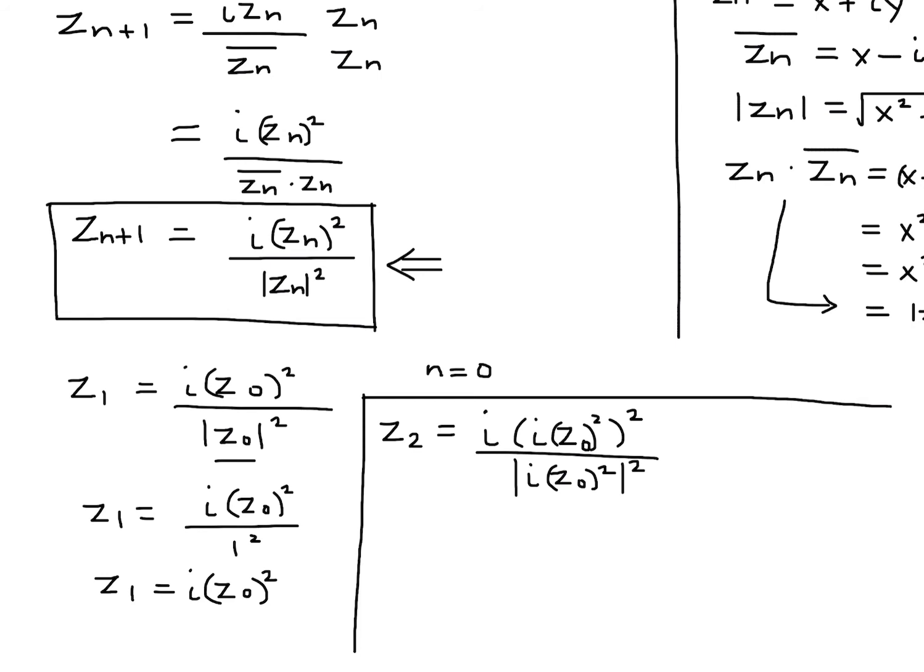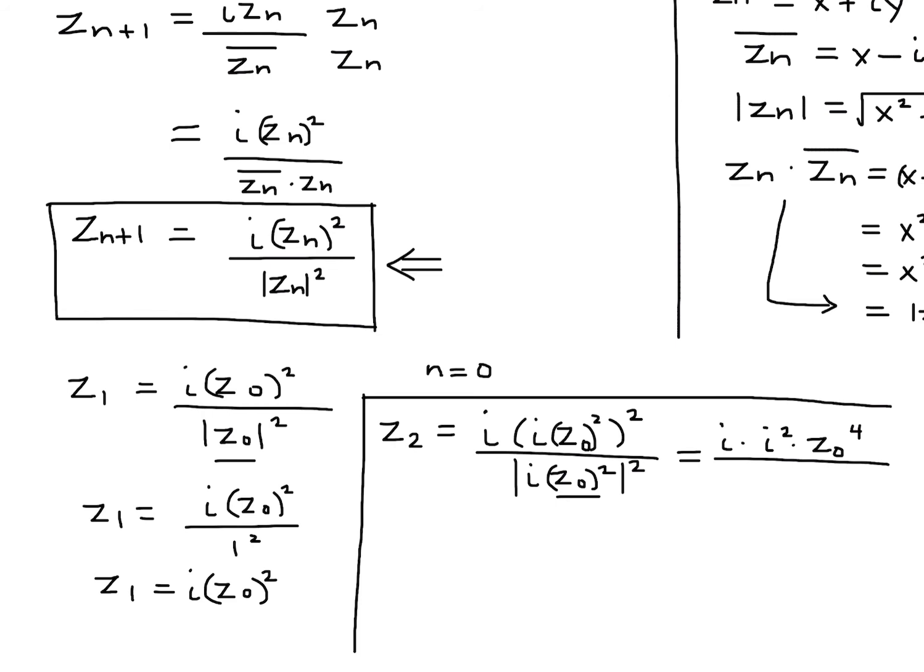Okay, so this at the top there becomes i times, you're going to square what's in the bracket, so i squared z0 to the power of 4, like that. And then on the denominator, we're going to have the magnitude of this all squared, but that is 1, correct? In the question they tell you that it's 1.